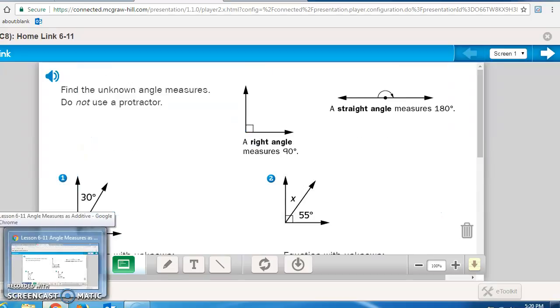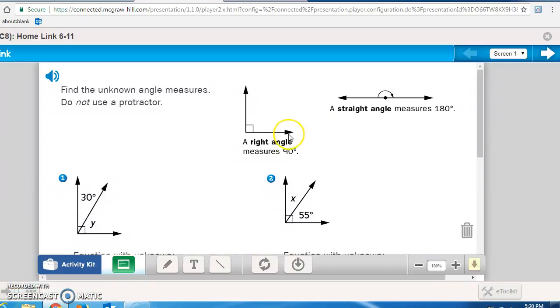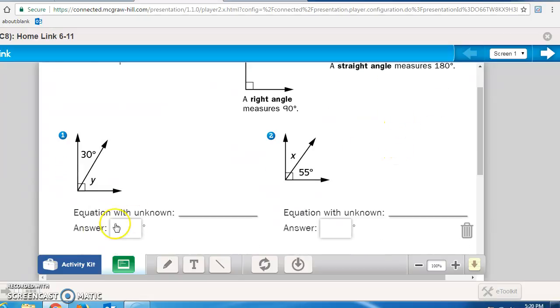And the final assignment for this lesson is Math Masters, page 248. Go up to the file, get that paper please, and then find the unknown angle measures. Do not use a protractor. They are telling you right up here that a right angle needs to measure 90 degrees total, that a straight angle needs to measure 180, and you need to write an equation with an unknown.